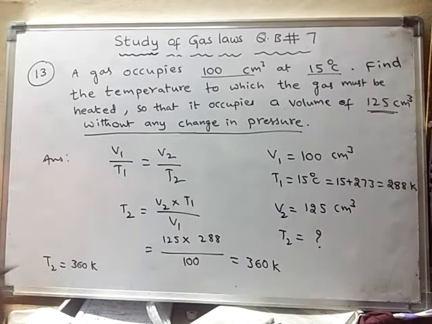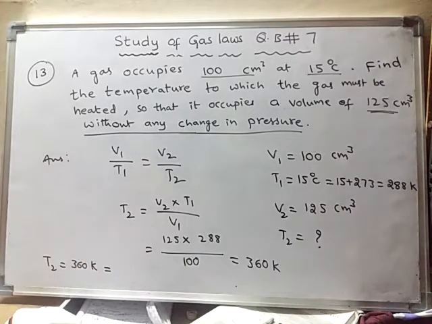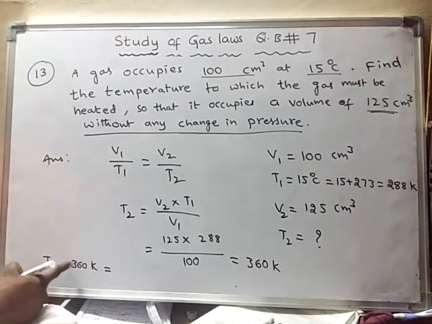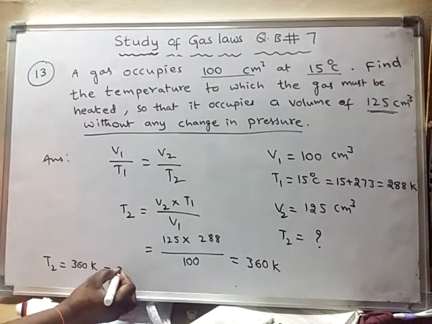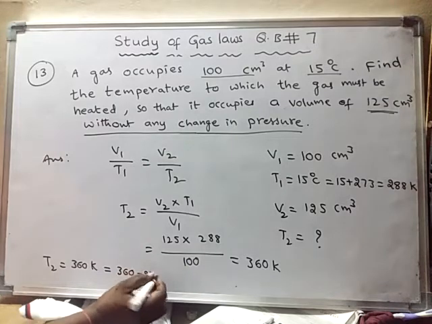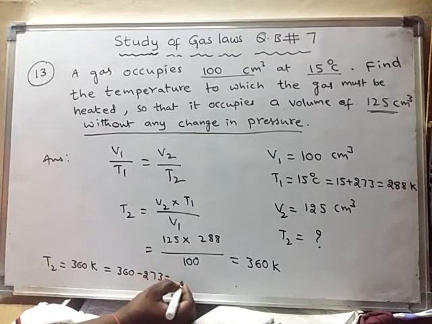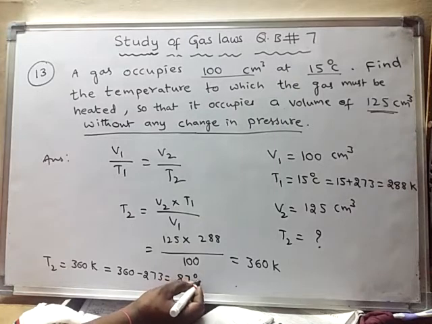This 360 Kelvin can also be expressed in degree centigrade by subtracting 273 from 360. It will be equal to 87 degree centigrade.